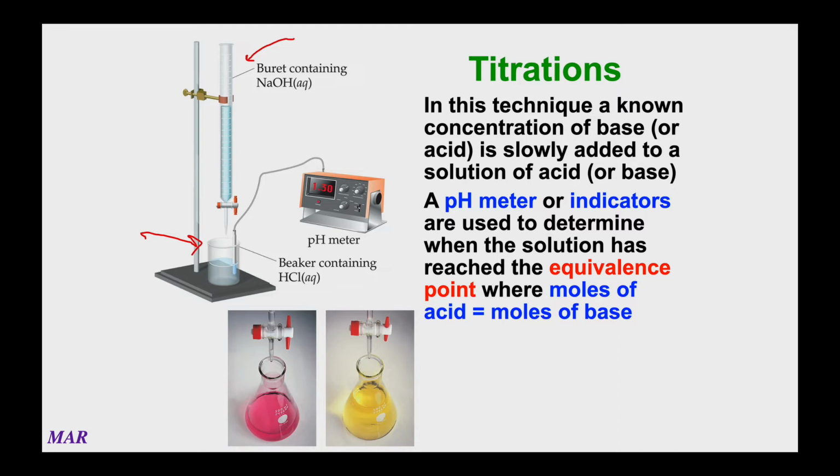When the titrant and the titrate moles are equal, that's when you reach the equivalence point. And that's an important part in a titration, because at the equivalence point, the moles of what you're adding equal the moles of what you started with. Now, in the acid-base world, that would be moles of acid equaling moles of base.